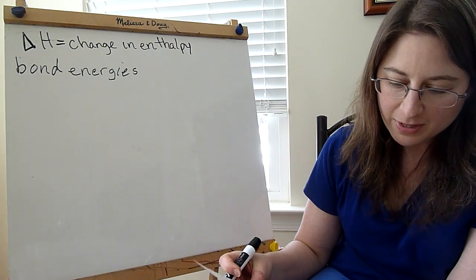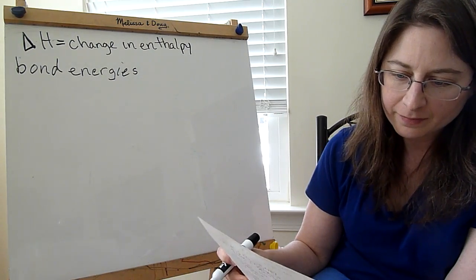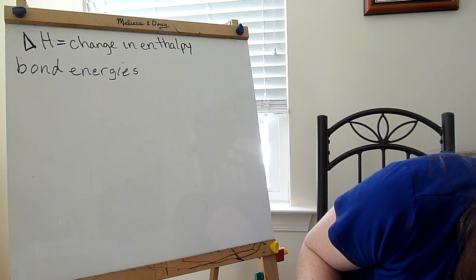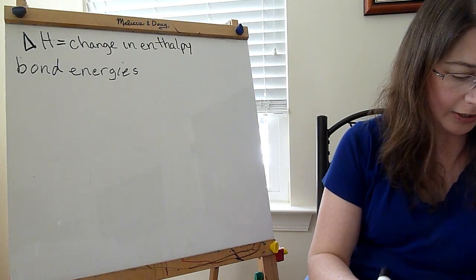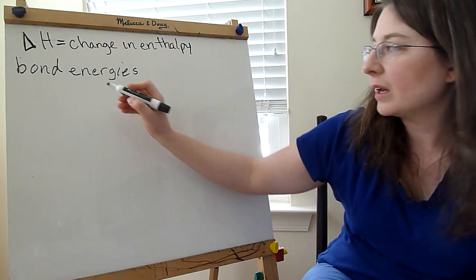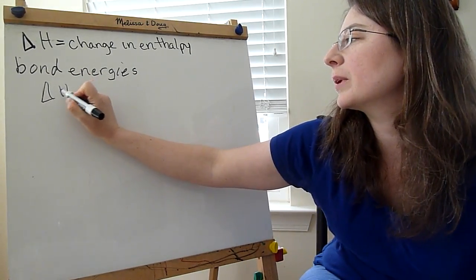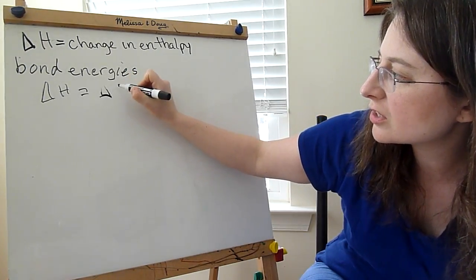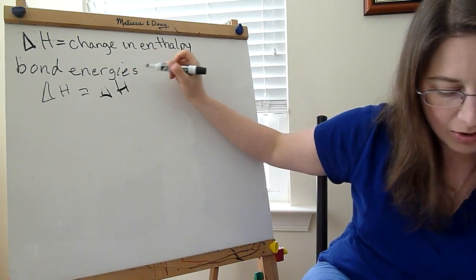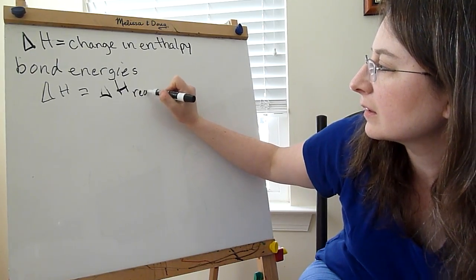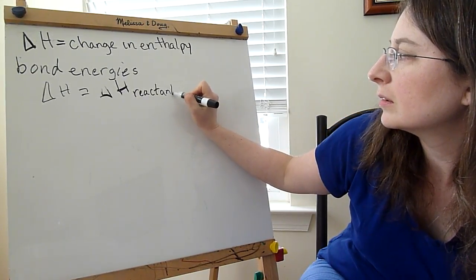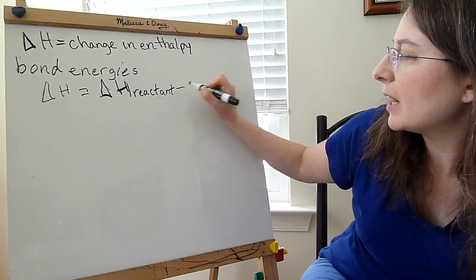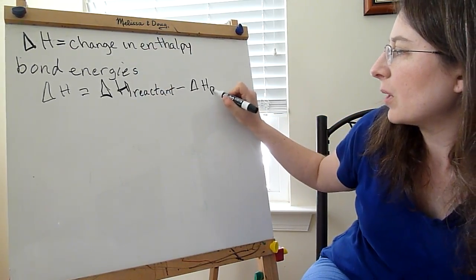Let's see, bond energies. So when I do bond energies, it will be change in enthalpy is the change in enthalpy of reactants, minus the change in enthalpy of products.